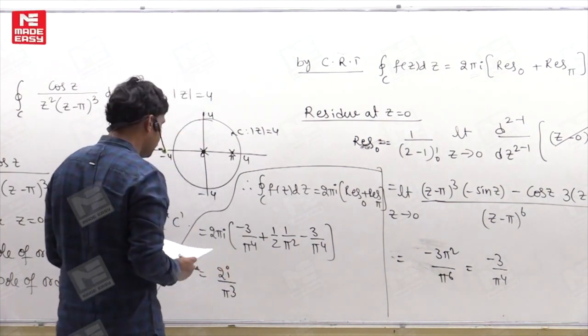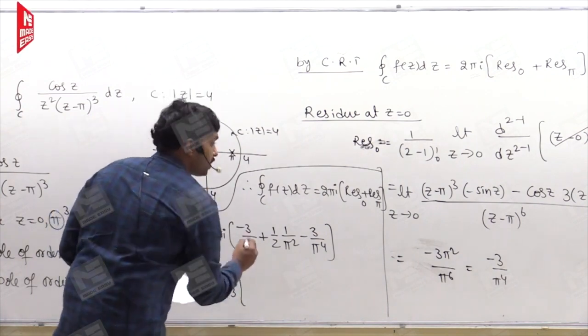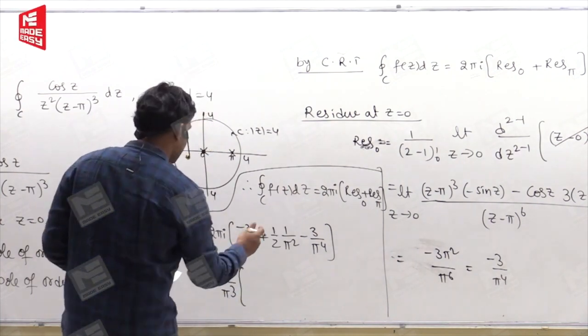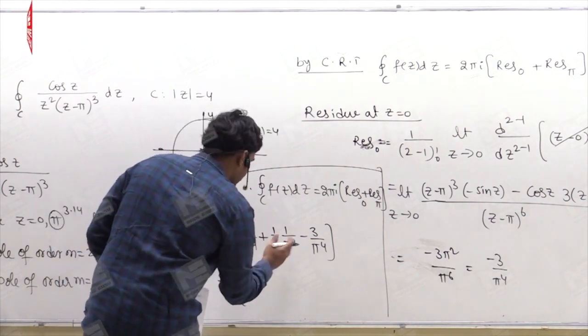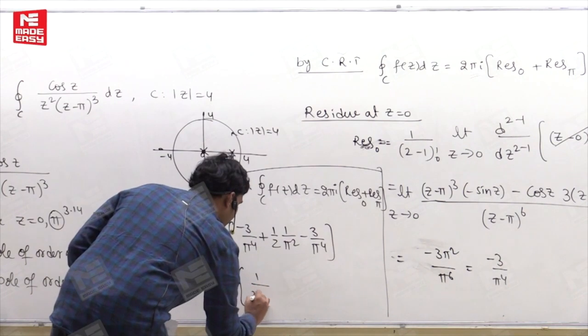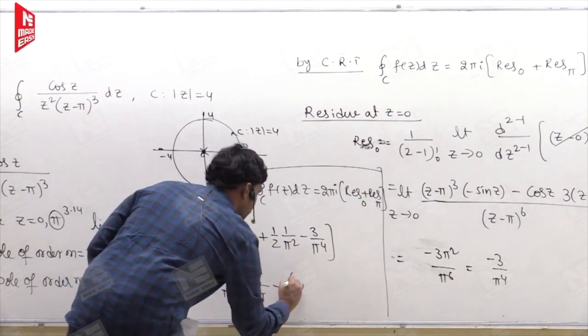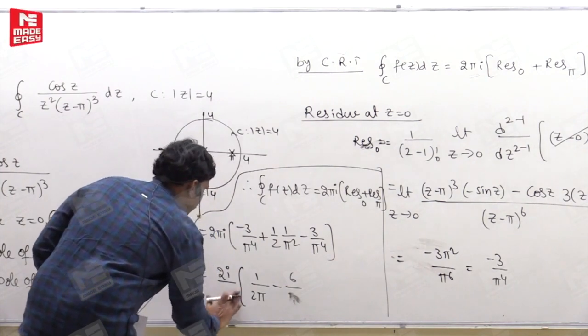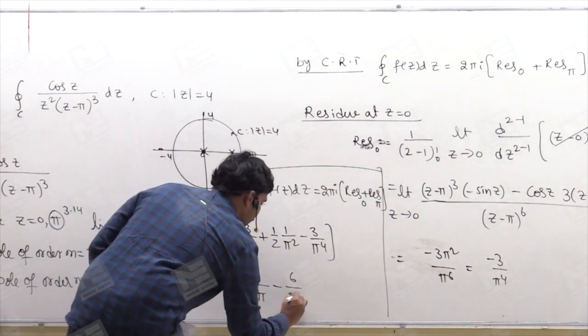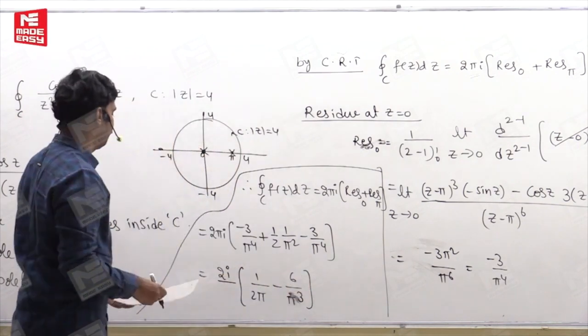It is minus 3 pi by 4, and then minus 3 pi by 4, so it is minus 6 pi by 4. So 1 pi by 4 gets taken common here, so it is 1 by 2 pi minus 6 by pi. Already pi cube is taken common, so don't take that pi cube common here. Then I'll write it here, pi cube as it is.